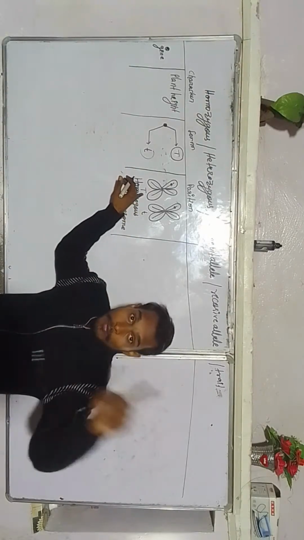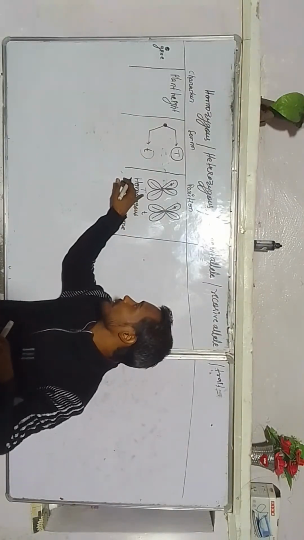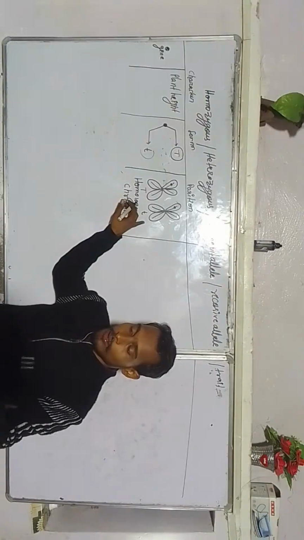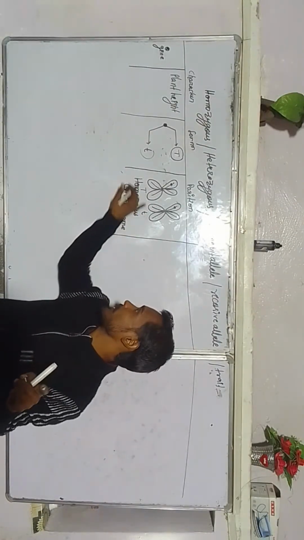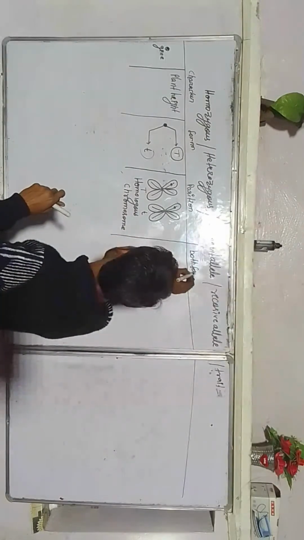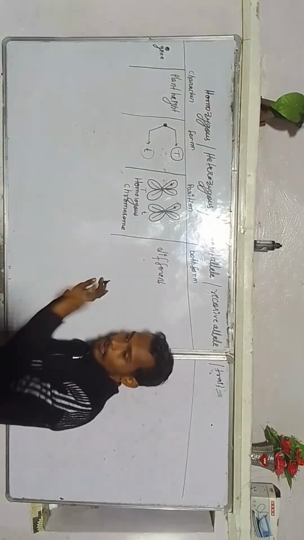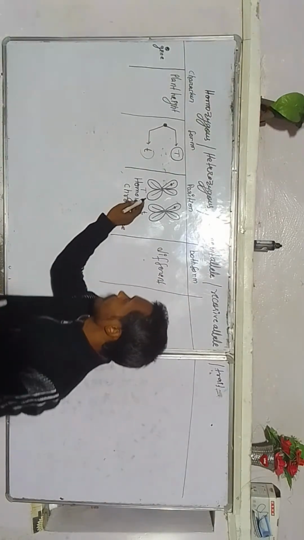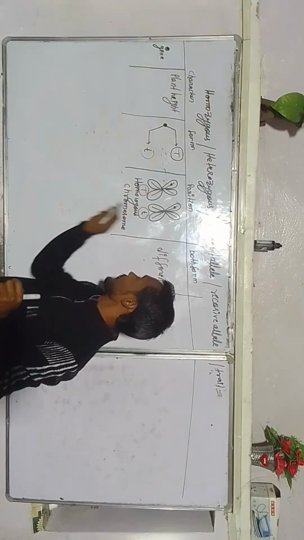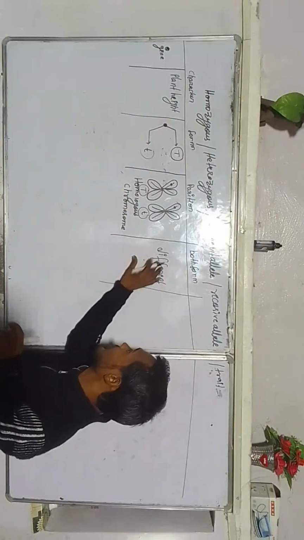So these are different forms. Both forms are different, because due to this the offspring will be tall, and due to this the offspring will be dwarf.